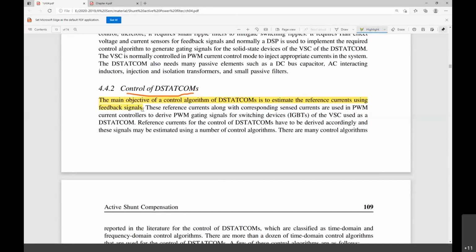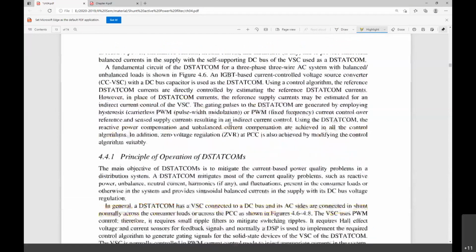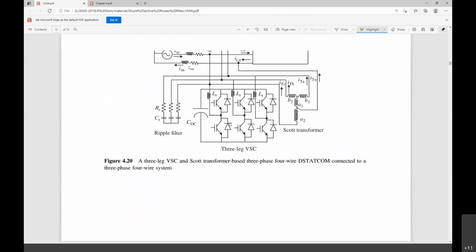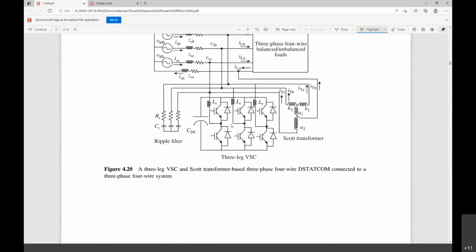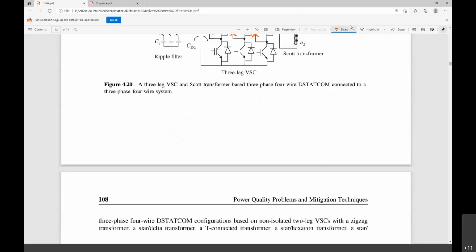You have a DSTATCOM, and we need to estimate the filter current; we need to estimate these currents. I'm just going to explain now how you are going to estimate the reference compensator currents or the filter currents.